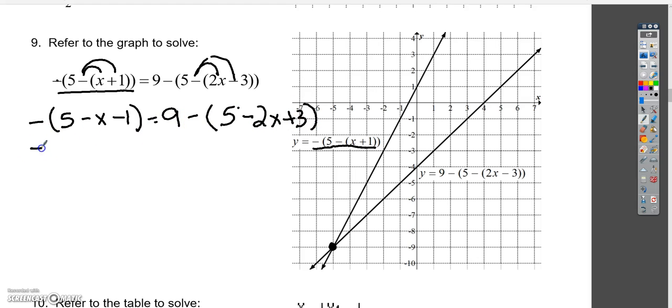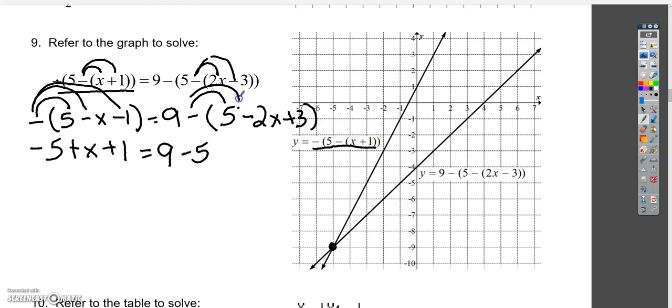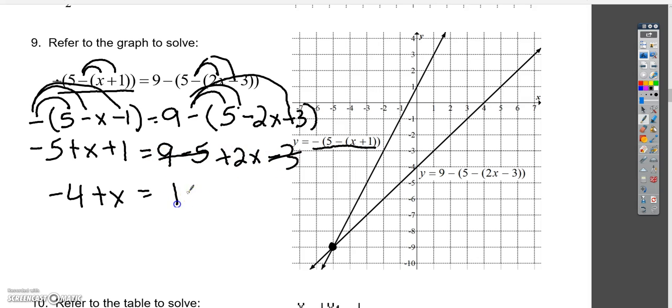And then that gives us negative 5 plus x plus 1. We have to distribute this negative, so minus 5 plus 2x minus 3. Let's clean that up. Negative 4 plus x. 9 minus 5 is 4. Minus 3 is 1 plus 2x.